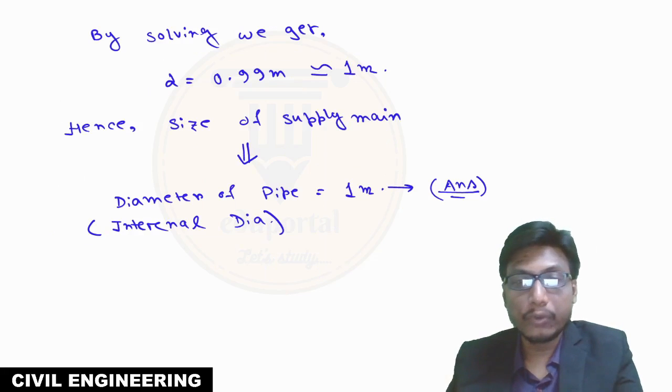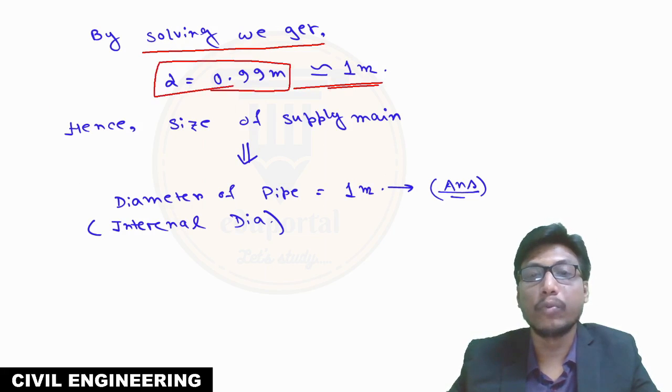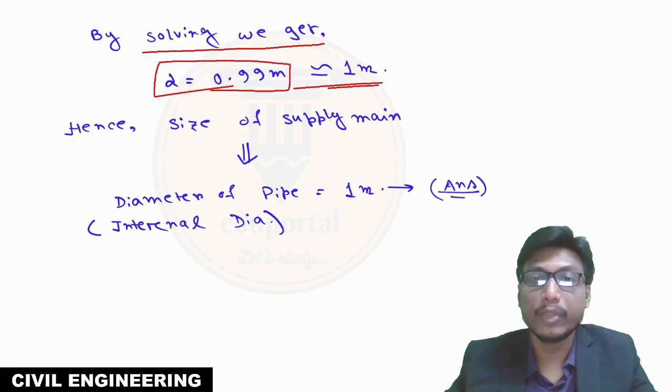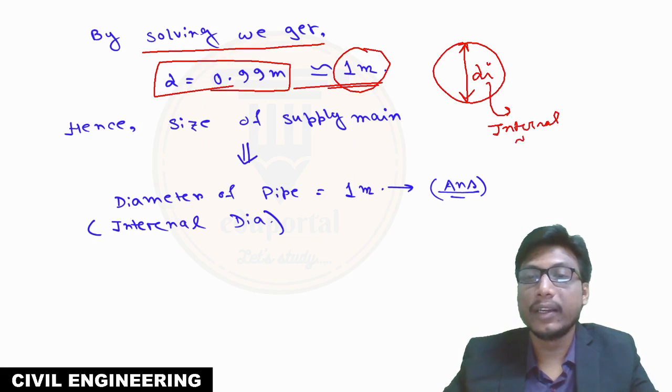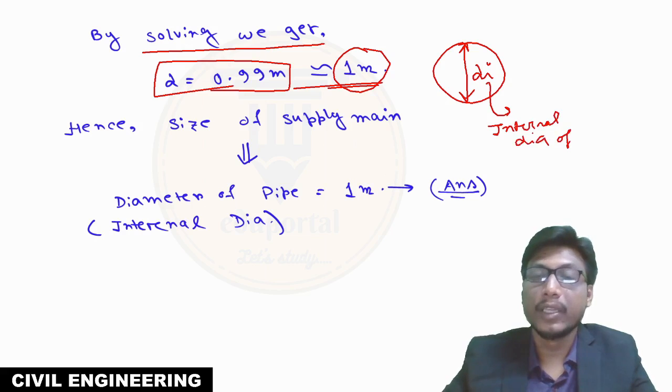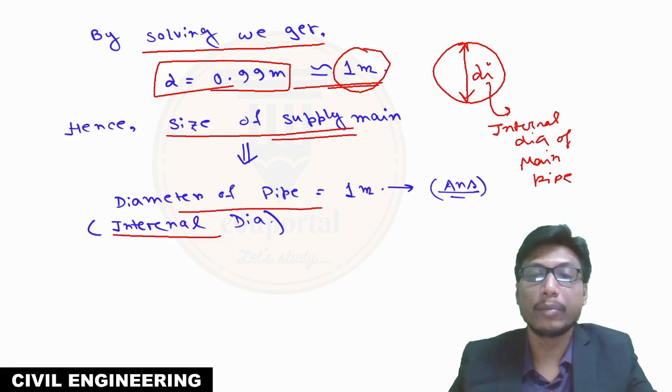Using a calculator we can solve it, and we get the value of D equal to 0.99 meter, or almost 1 meter. When we are going to design something, we need to put a value that is realistic. So the value of the internal diameter of the main pipe, that is DI, the size of the supply main, is 1 meter.